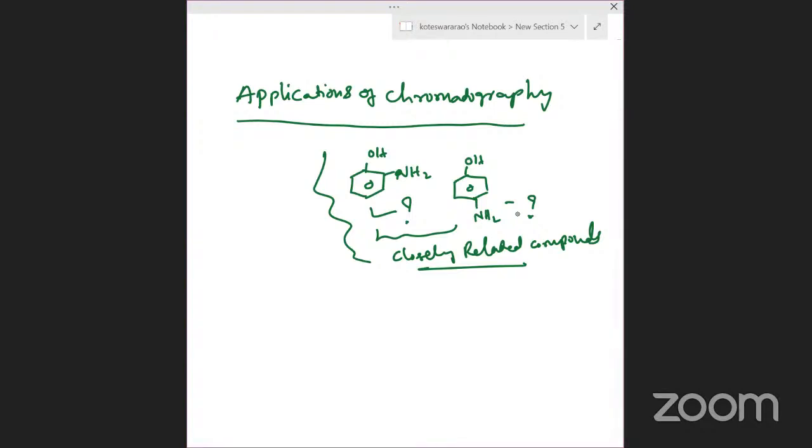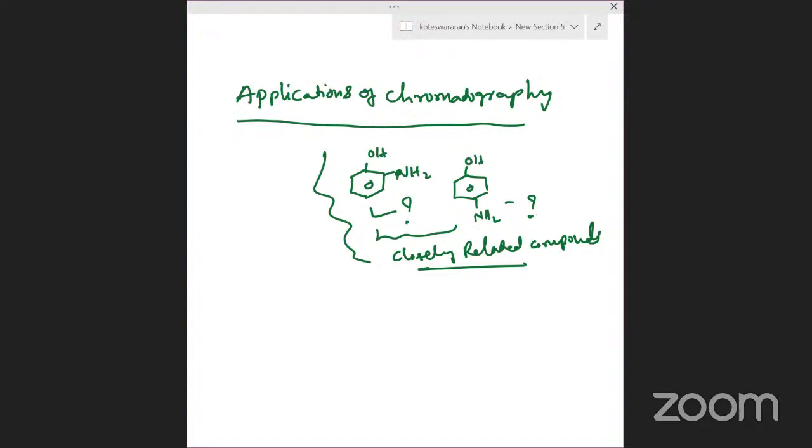If it is an unknown compound, we find out what it is, and we also find the quantity of that compound. It is useful for the qualitative analysis as well as the quantitative analysis of a separated species.